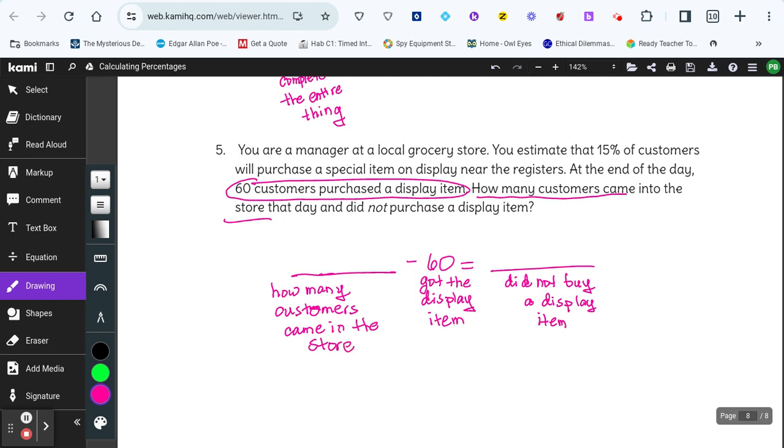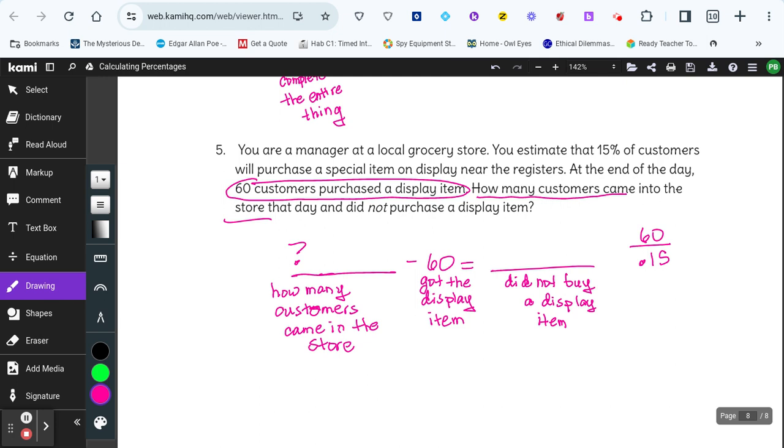So what you're going to do is take the number of customers that came in the store, subtract the 60 that got the display item, and it's going to leave you with the people that did not buy a display item. Now, how do I find how many people came into the store? Well, you take the part that purchased a display item. So 60 customers purchased it, and it represents 15% of them. When I get this number, it's going to tell me how many people actually came in that store.